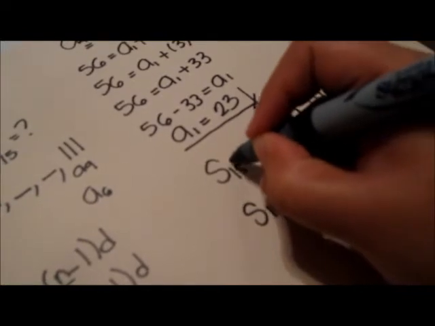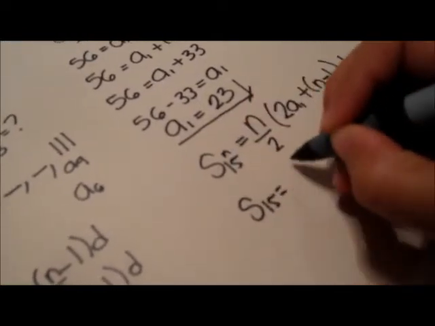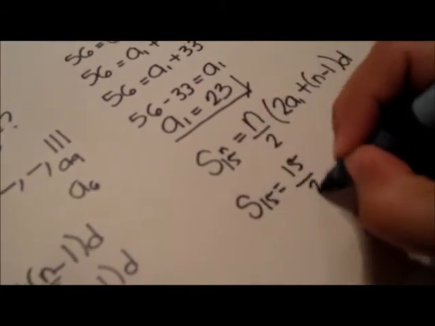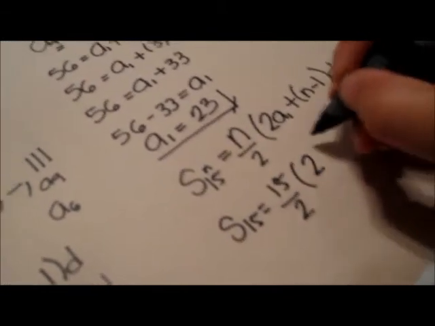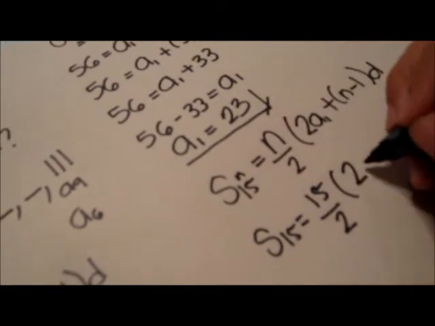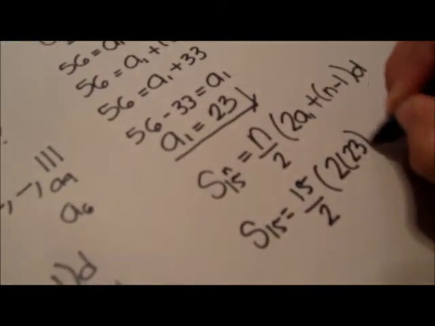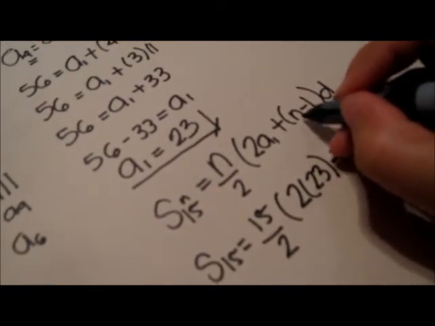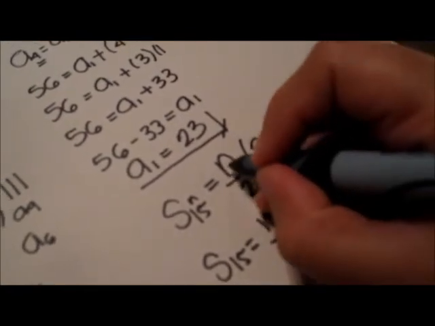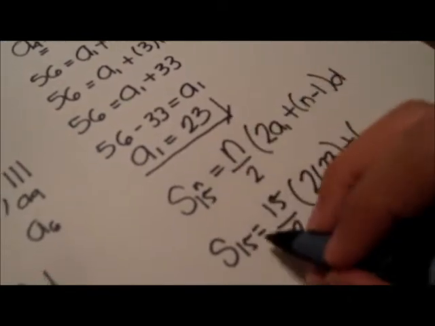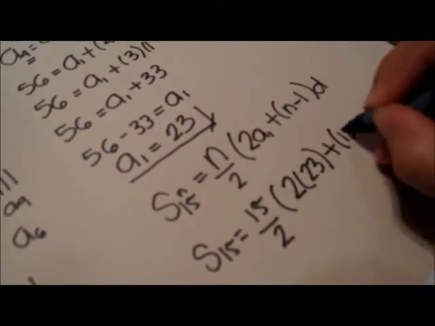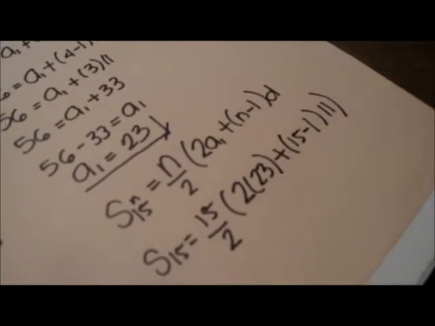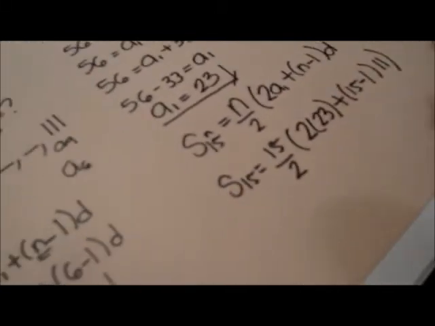So n equals 15, over 2, times 2 times the first term that we already found, plus n minus 1, and again n equals 15. So 15 minus 1 times d, and d for this problem is 11.